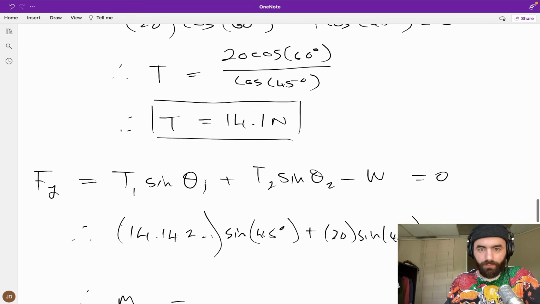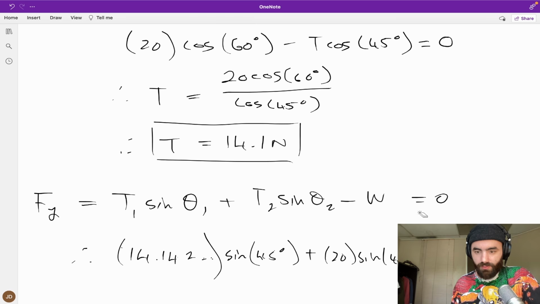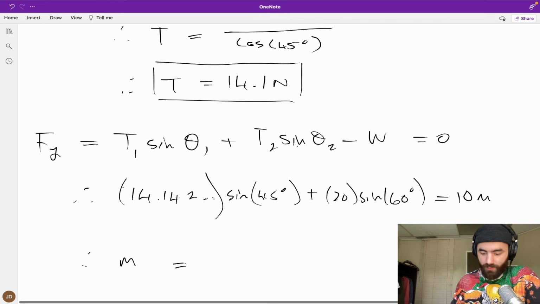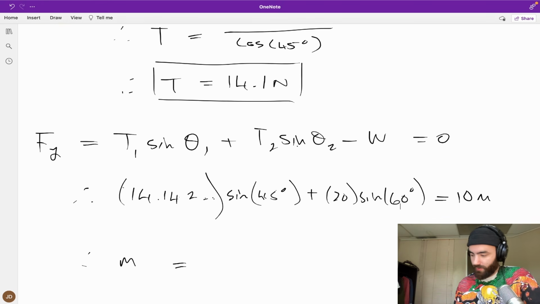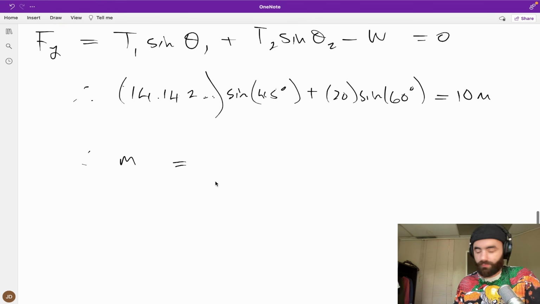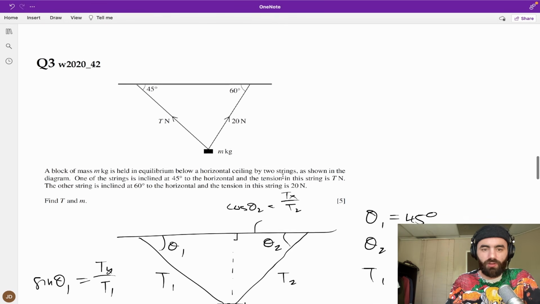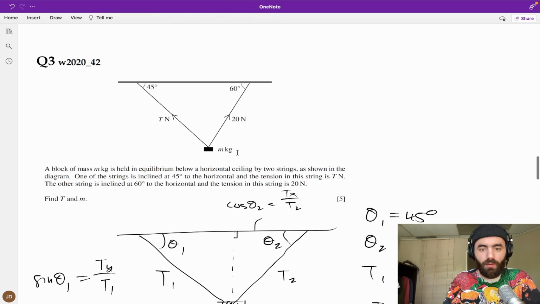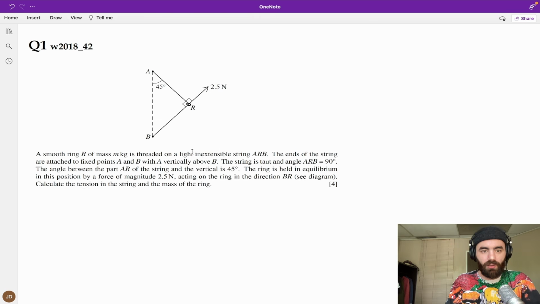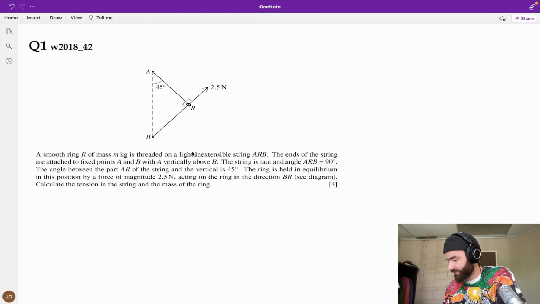Oh wait, this is theta 1. Theta 2 is 60 degrees. So the mass is 2.73 kilograms. That's your answer. That's pretty similar to the resolving vectors question, so make sure you watch that, but this one has tensions involved. Okay, and finally we'll do one of these smooth ring ones.